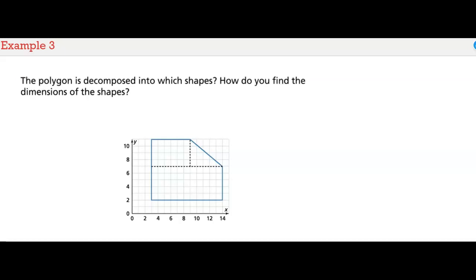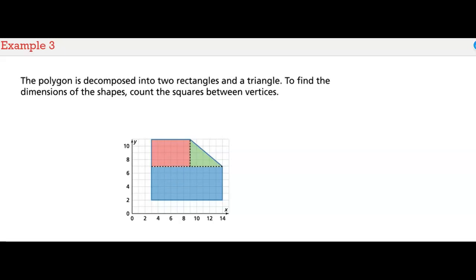The polygon is decomposed into which shapes? How do you find the dimensions of the shapes? The polygon is decomposed into 2 rectangles and a triangle. To find the dimensions of the shapes, count the squares between vertices.